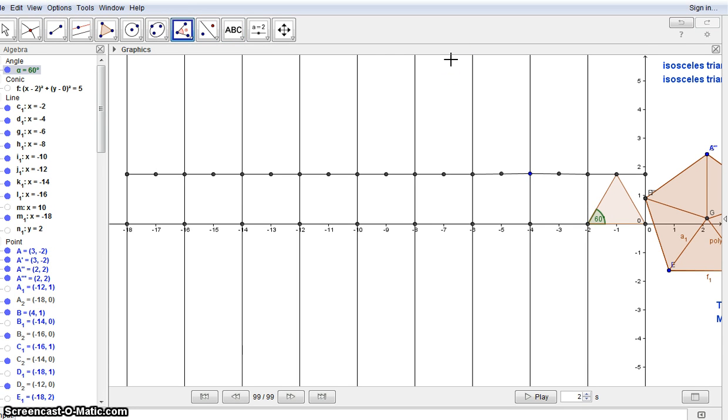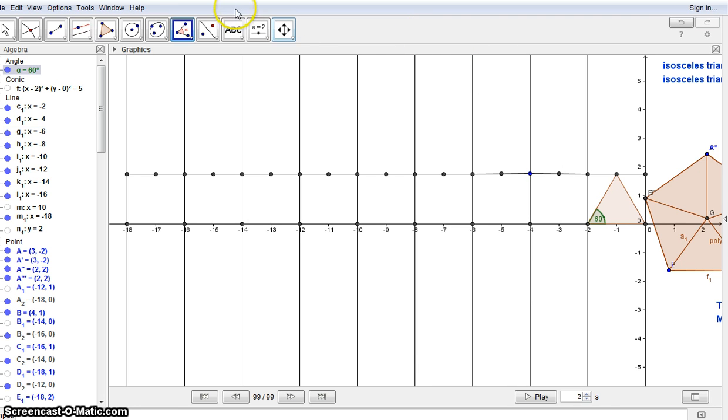So I'm satisfied that with some error, this is an equilateral triangle because of the height I've used and these parallel lines every 2 units.